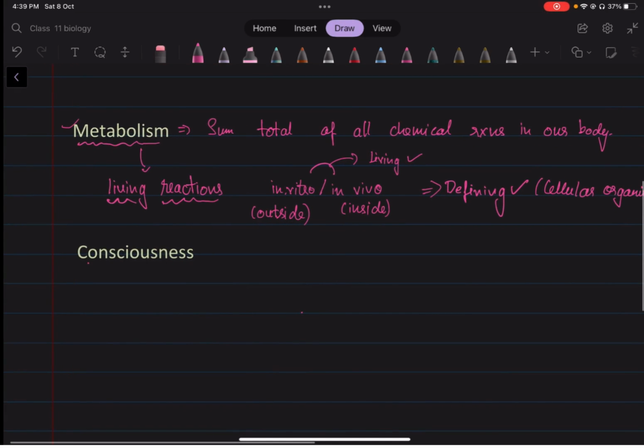Now next is consciousness. So there are two things, consciousness and self-consciousness. So consciousness basically means awareness, right?